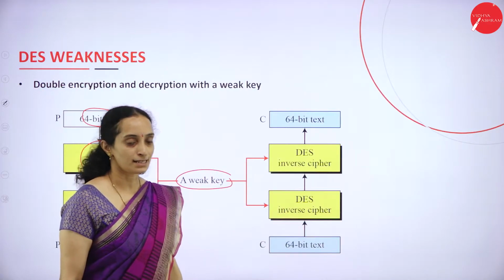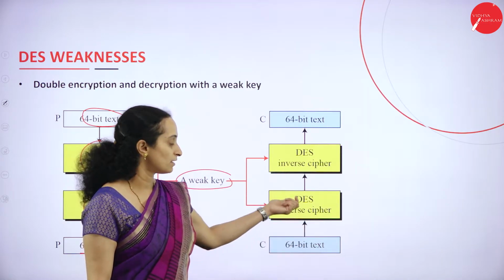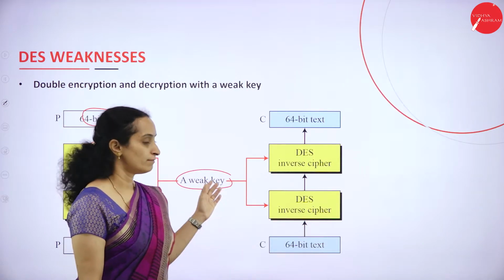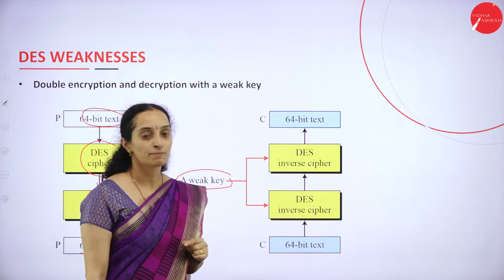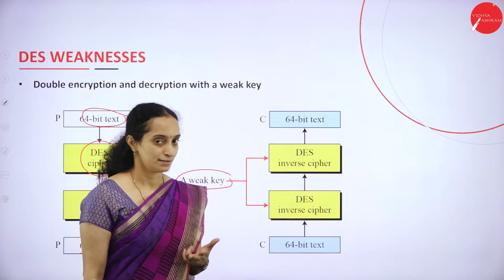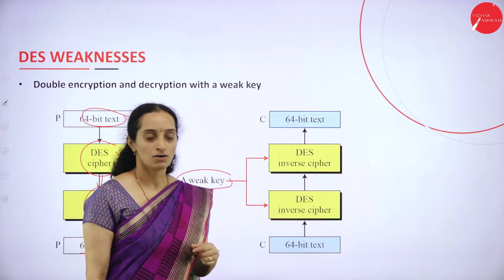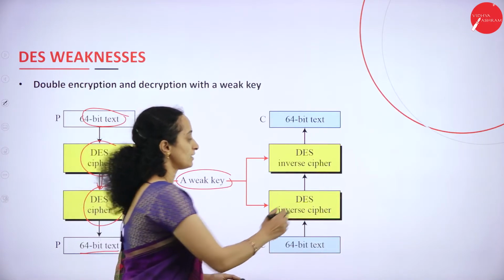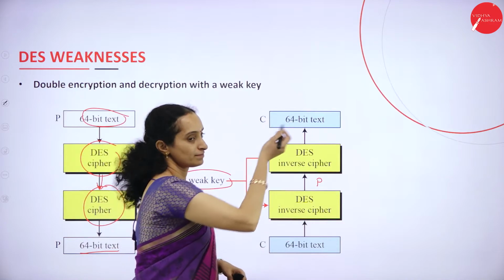We get the ciphertext, 64-bit text. You will get the DES inverse cipher with the same weak key. Next time it is executing the same inverse cipher algorithm, which gives you again the cipher text. In intermediate will be the plain text.